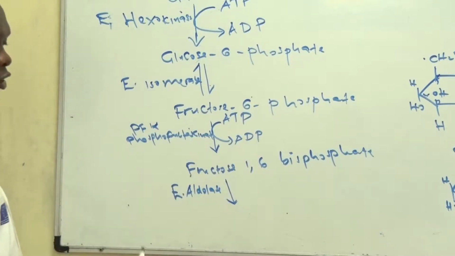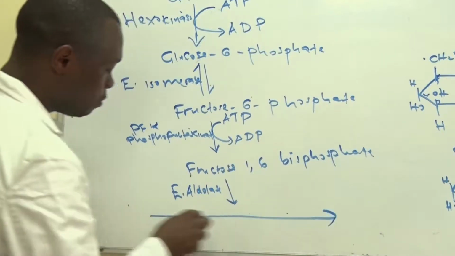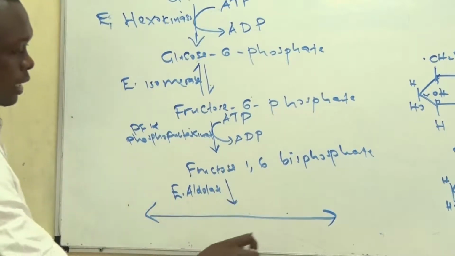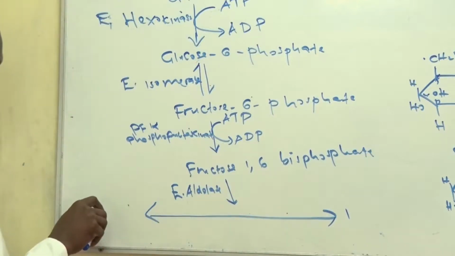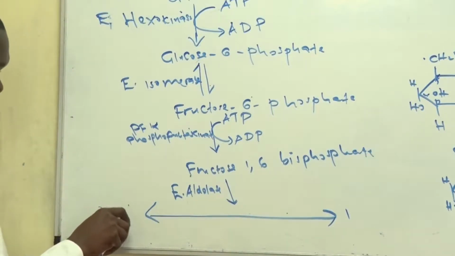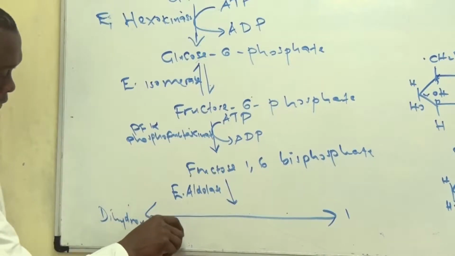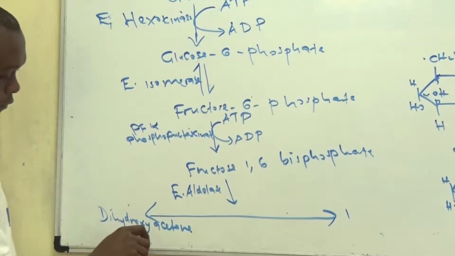Aldolase is going to be a cleavage. What I mean by a cleavage is that two molecules are going to be formed. At this point we're going to form dihydroxyacetone phosphate.